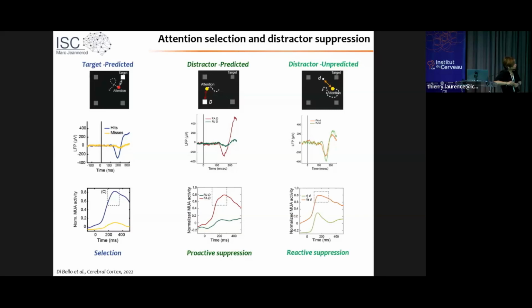For these unpredicted distractors, we identify a different type of processing of the stimuli, which is that on false alarm trials, there is a strong response to the distractor.